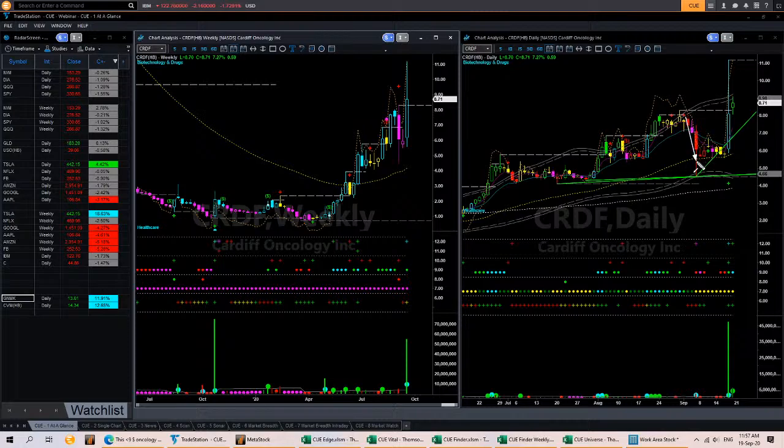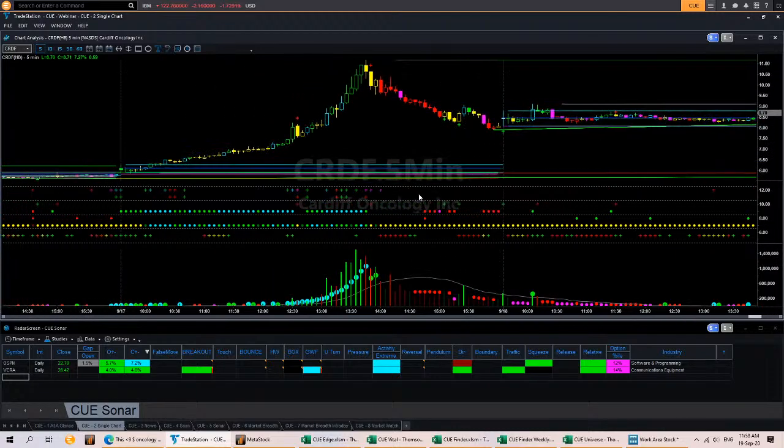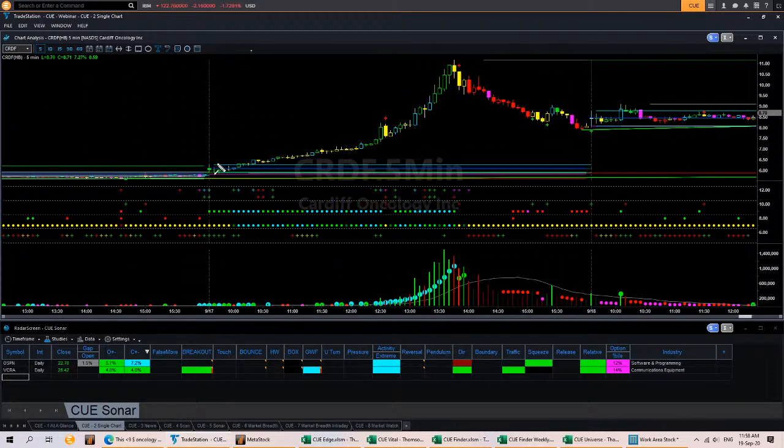CRDF pulled back here, however, held above the yellow direction line. And I found it on Thursday, right when it was going up sharply, and there was positive news. When I found the stock and the positive news, I went to the fine tune chart, 5-minute interval in the morning session, and right here it broke out of a very narrow early range.